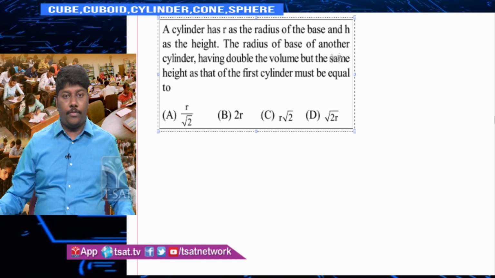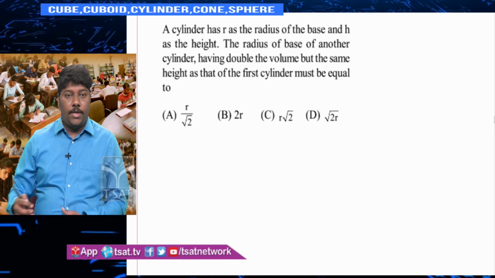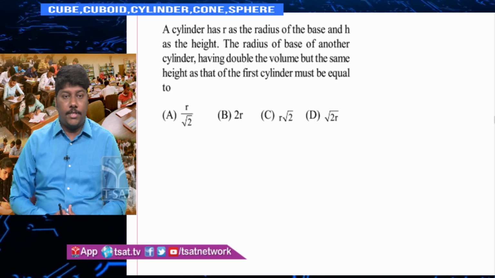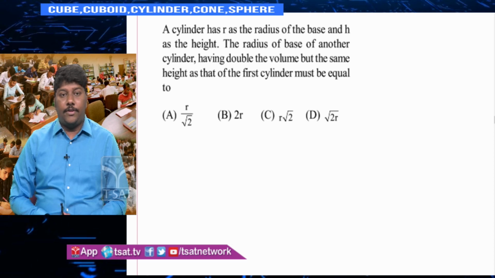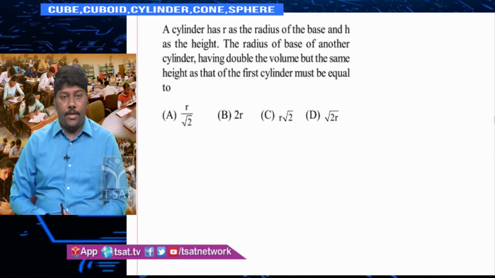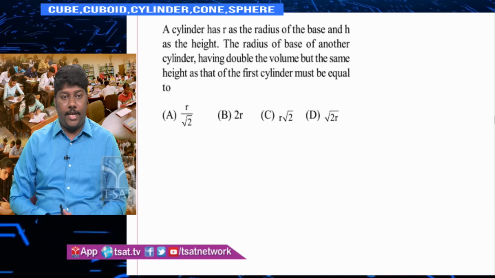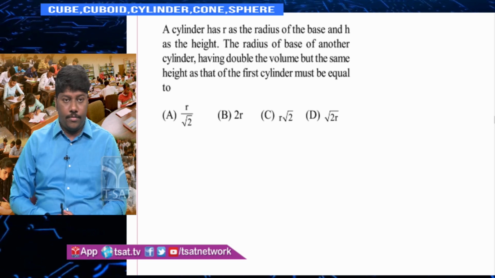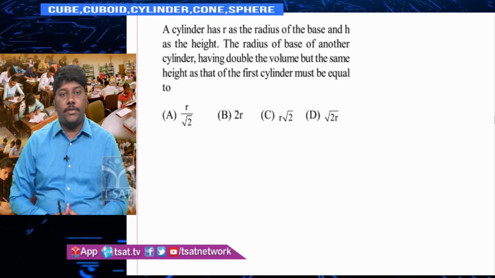Next question. A cylinder has r as the radius of the base and h as the height. The radius of the base of another cylinder having double the volume but the same height as that of the first cylinder must be equal to? So he is comparing two cylinders here.